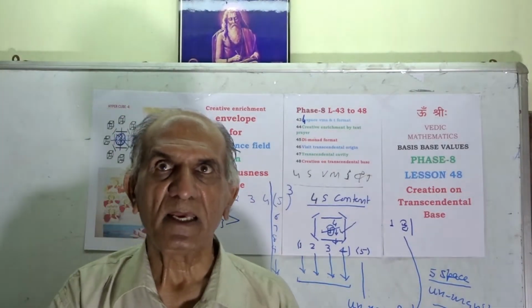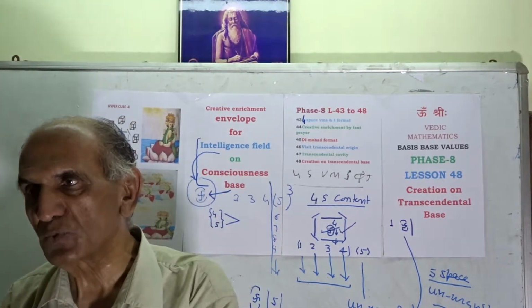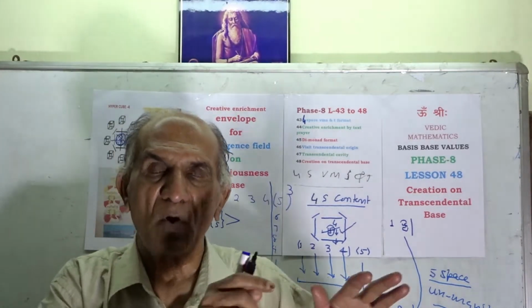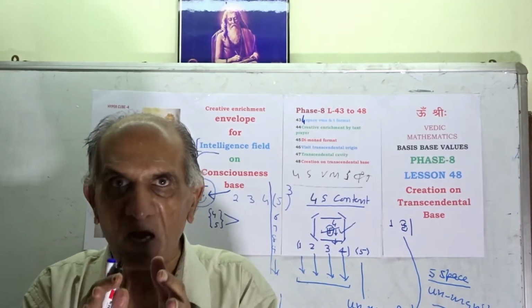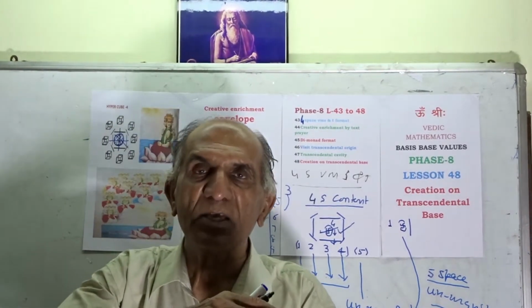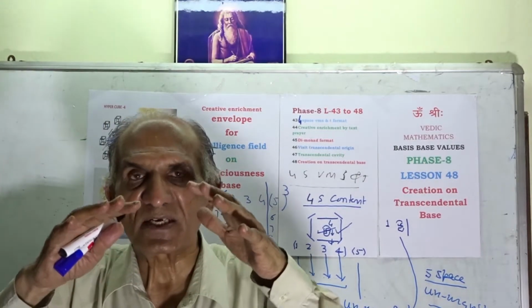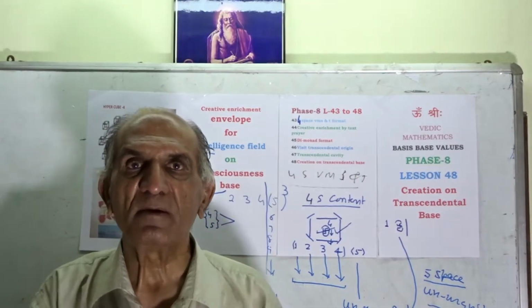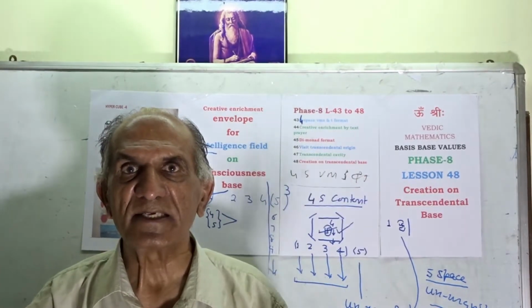Let us pray in terms of the augmented text of Ganita Sutras and Upsutras. After this prayer, we shall sit for transcendental meditation, and during this transcendental meditation, we shall be creating a creative envelope for our intelligence.